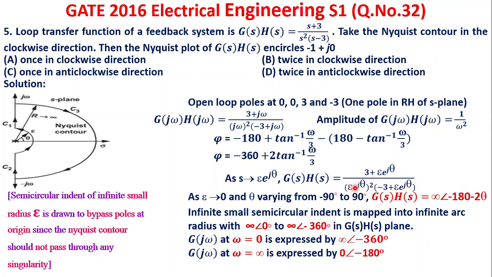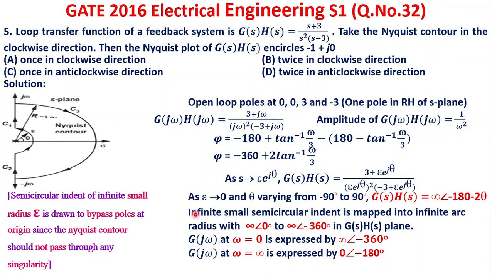Then epsilon square e power j2 theta: as epsilon tends to 0, 1 by 0 becomes infinity. So the magnitude becomes infinity. E power j2 theta means the angle is 2 theta, and because of its presence in the denominator, minus 2 theta. And because of the 3 by minus 3, which is minus 1, there is another minus 180. So the angle is minus 180 minus 2 theta.